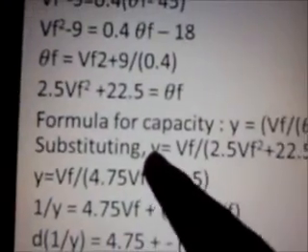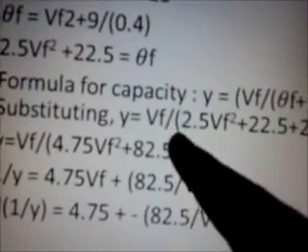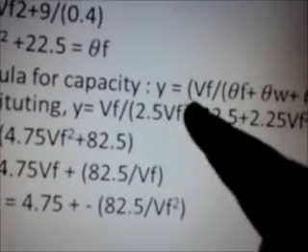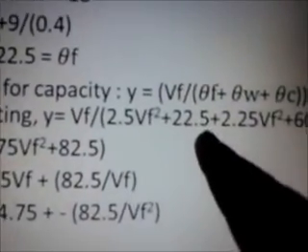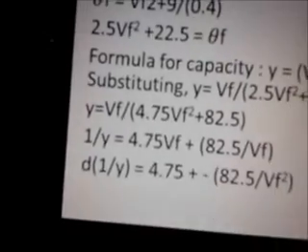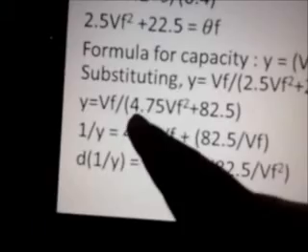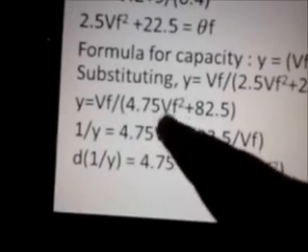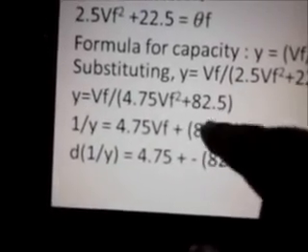So we will now have y is equal to Vf divided by 2.5 Vf squared plus 22.5 plus 2.25 Vf squared plus 60. And then y is equal to Vf, by simplifying this, all over 4.75 Vf squared plus 82.5.